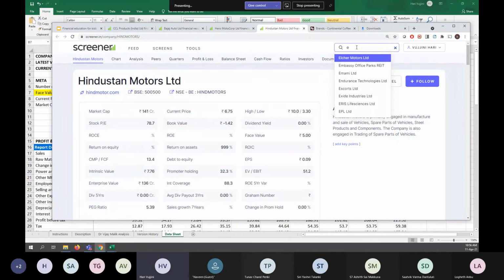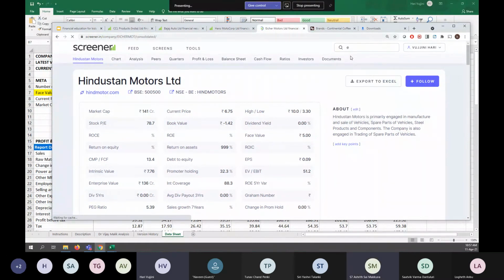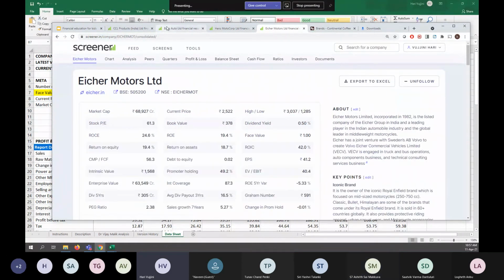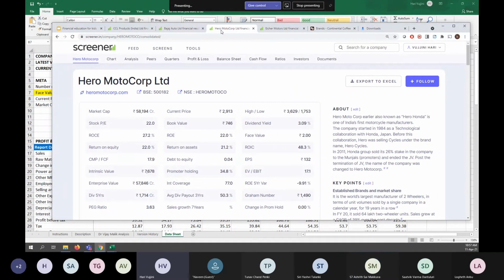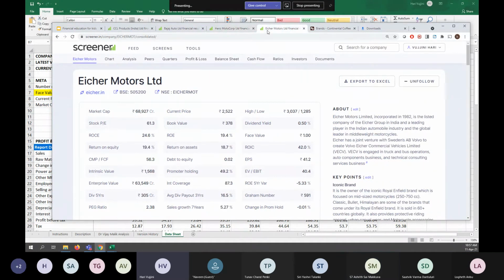You know Royal Enfield, that's from Eicher Motors. So now we are comparing three two-wheeler companies: Bajaj Auto, Hero Motor Corp, and Eicher Motors.